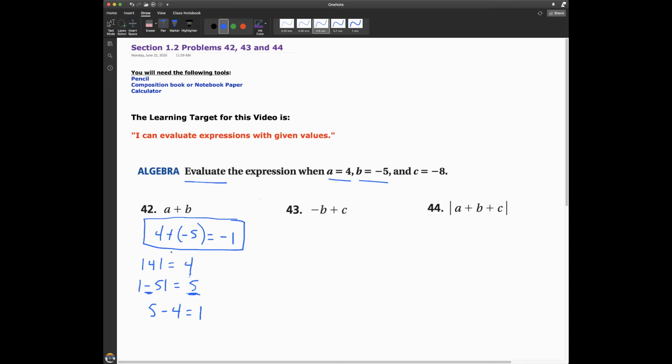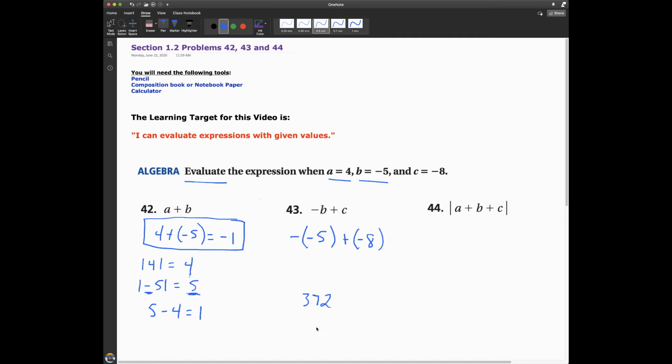All right, let's look at the next one. -B plus C. So that's -(-5) plus -8. This kind of looks weird right here, right? What should we do with that? Well, if I just wrote a number down, any number, 372, that's a good one.